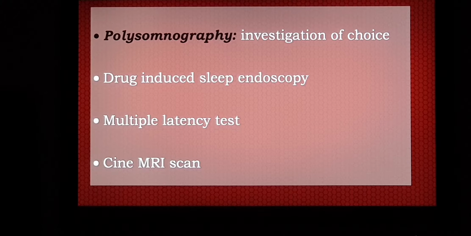When he sleeps, simulating near normal sleep, I like to know whether he has obstruction or not, at which level, whether it is a single obstruction or obstruction at 2 or 3 different levels. That is drug induced sleep endoscopy.